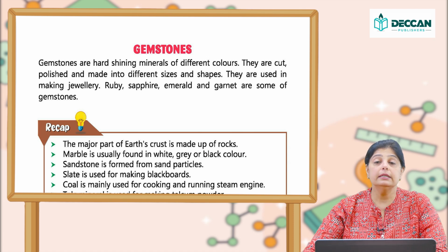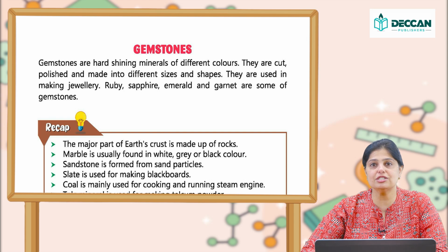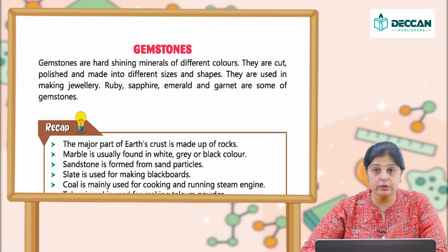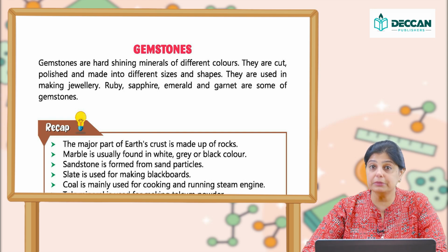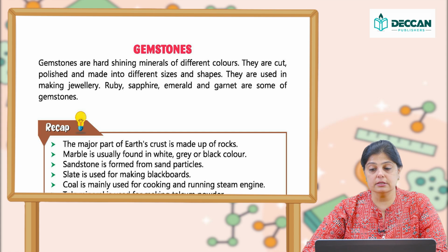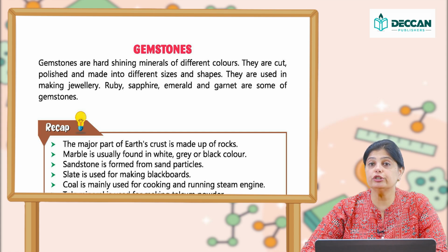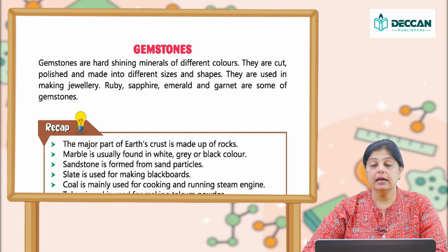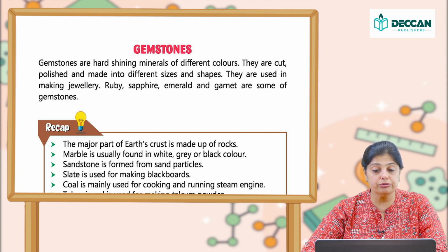Now, let's talk about gemstones. What are gemstones? Gemstones are hard shining materials of different colors. They are cut, polished and made into different sizes and shapes. They are used in making jewelry.